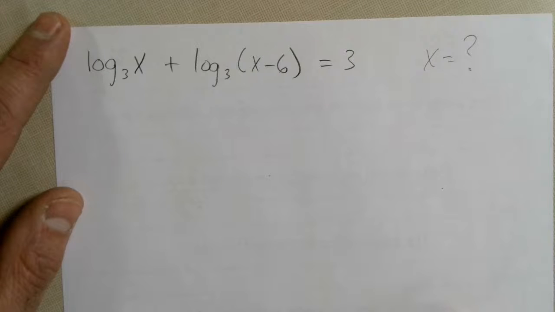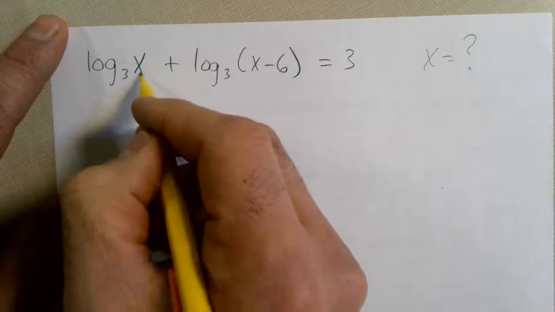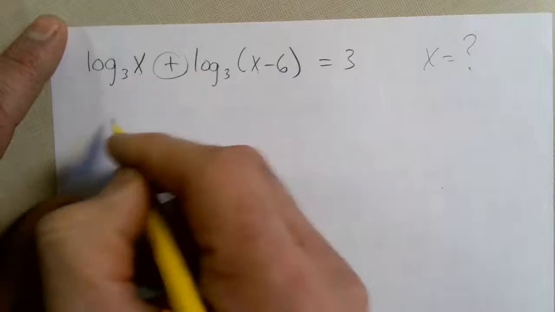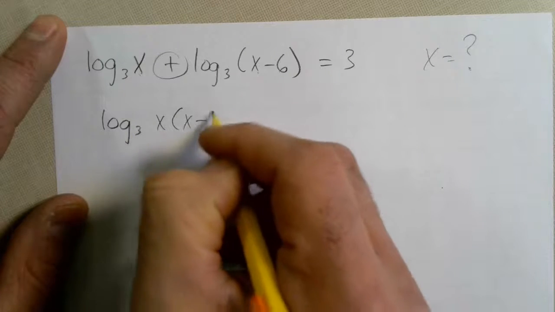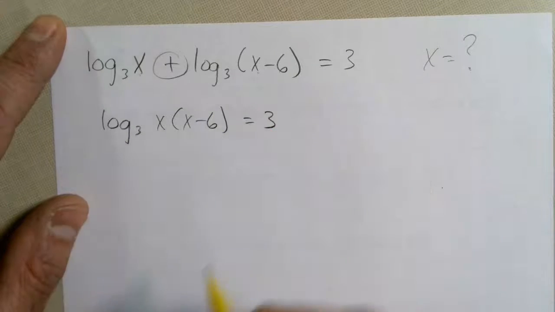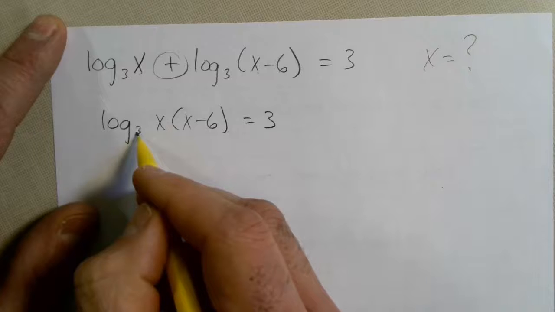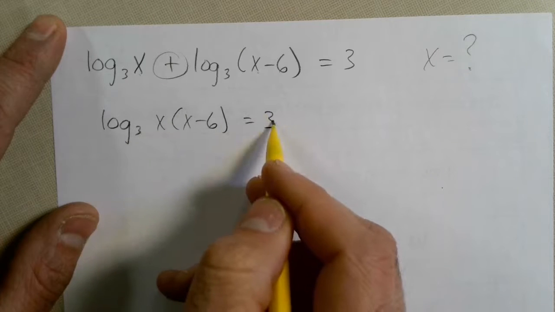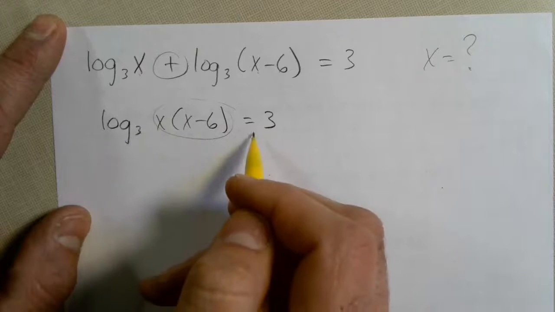We know that the stuff here added together is going to be a single log as a multiplication. Then we know that 3 to this power is equal to this, because that's what a log is, right? 3 to the 3rd power is this.